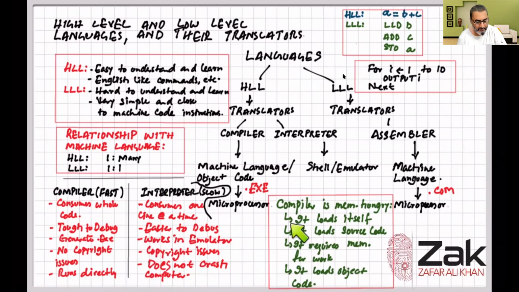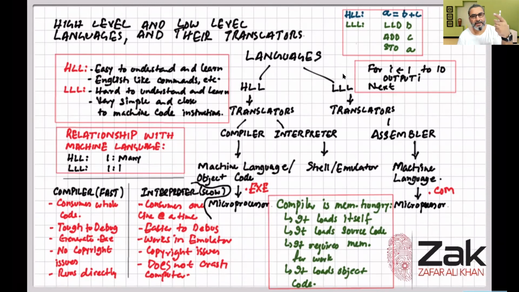And then we have got this idea that compiler takes a lot of memory, whereas interpreter does not. Obviously, compiler is memory hungry. Why? Because it loads itself. The whole compiler is in the memory. Then it takes the whole source code, and then it requires the space to convert that source code to the machine code, and then that machine code is also in the memory.